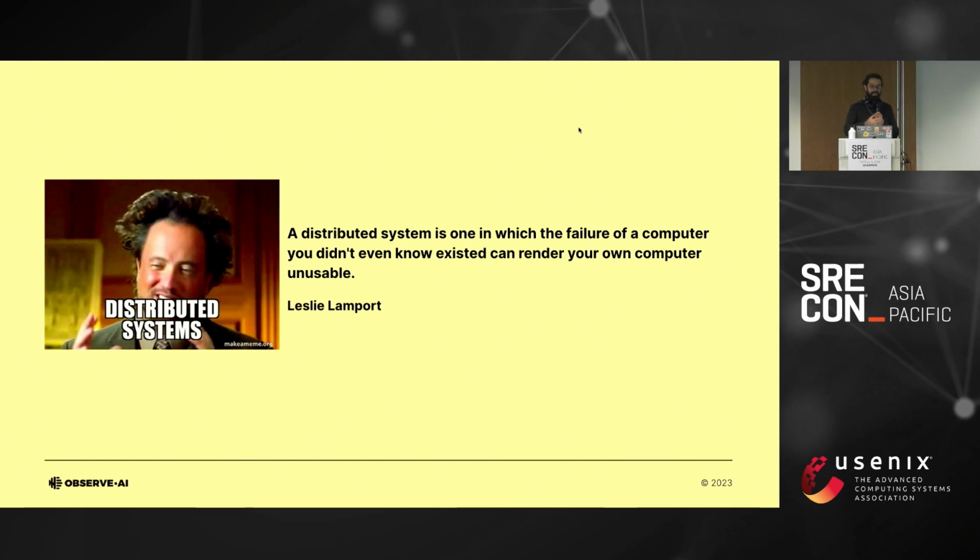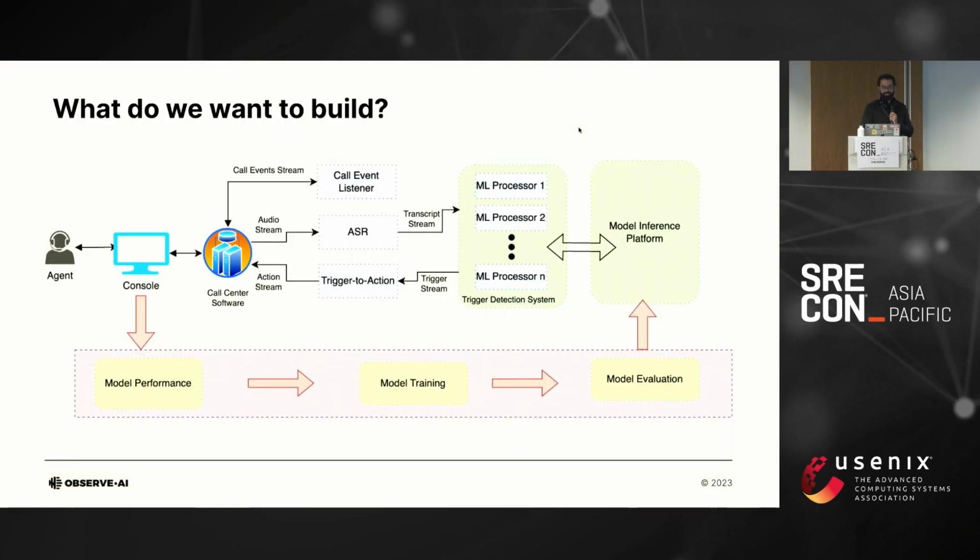So I'll try to design a system from the ground up. The screen went off for a while. Okay, we'll try to design a system so as to not cause any failures at scale as we are rolling out to other customers, and so on and so forth.